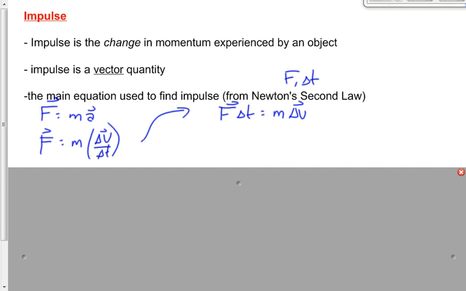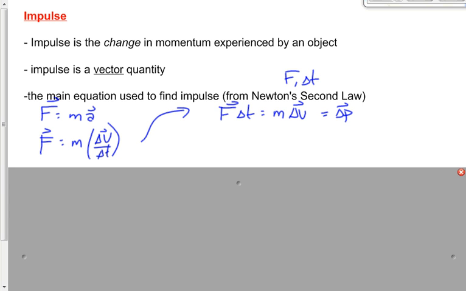I see an equation up here that has m times delta v in there. If momentum is mv, then what do you think m delta v equals? The change in momentum. What did we call the change in momentum? Impulse.